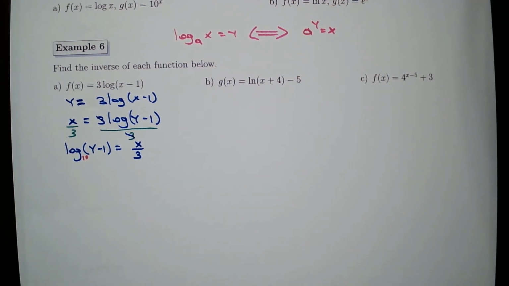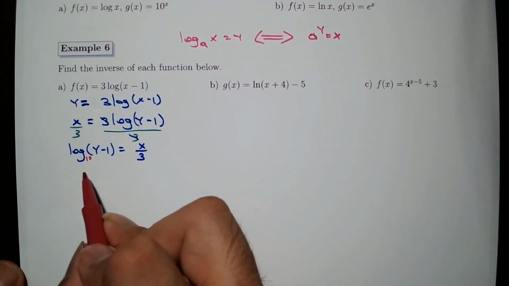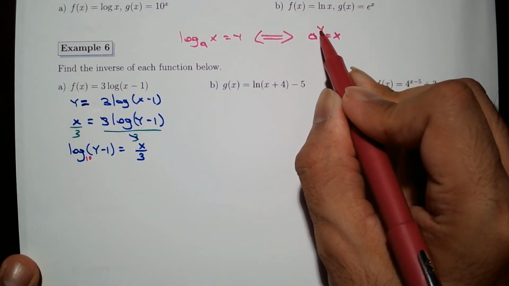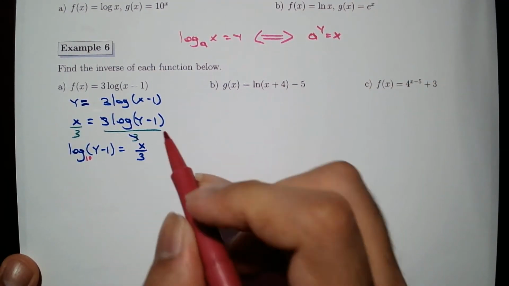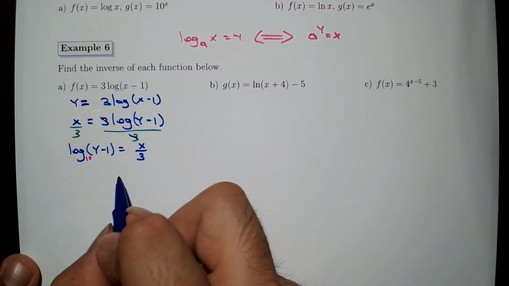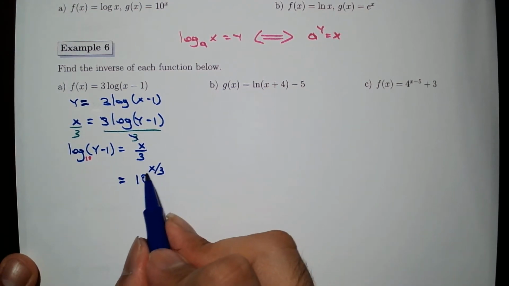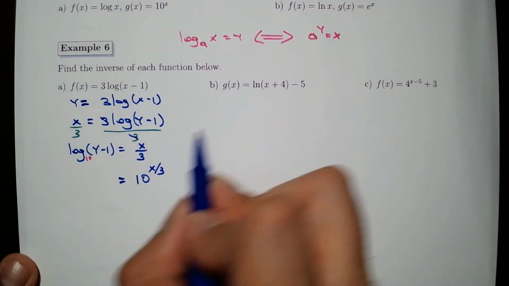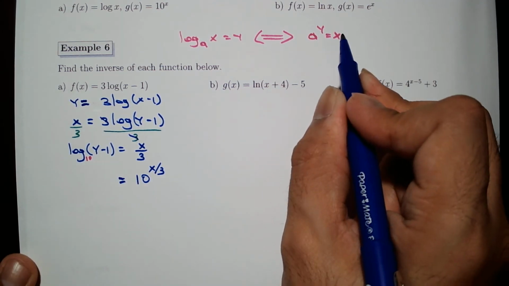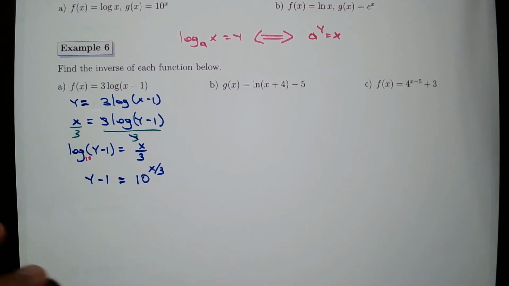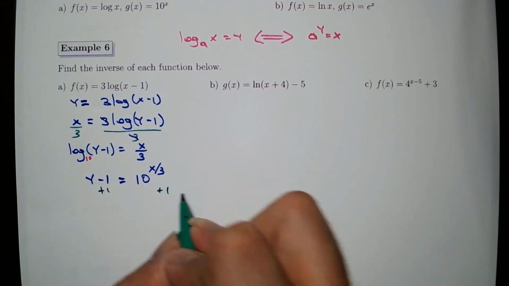I'm going to write it this time only so you can see where it's coming from. So I'm going to write this in exponential form: the base of the log raised to the right-hand side, 10 to the x over 3, equals the argument, which is y minus 1. And all we need to do here is add 1 to both sides to get y by itself.